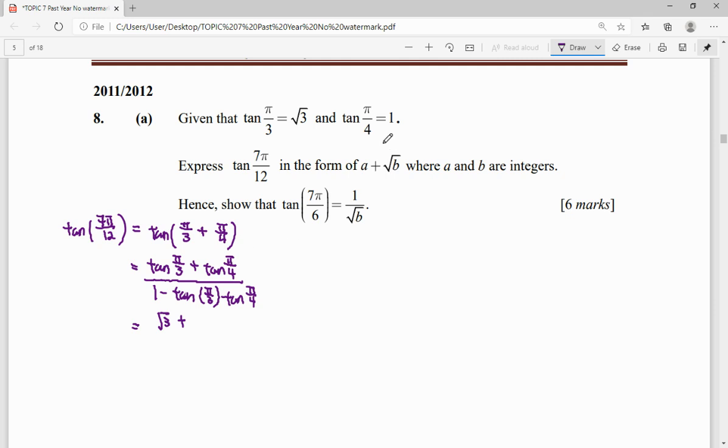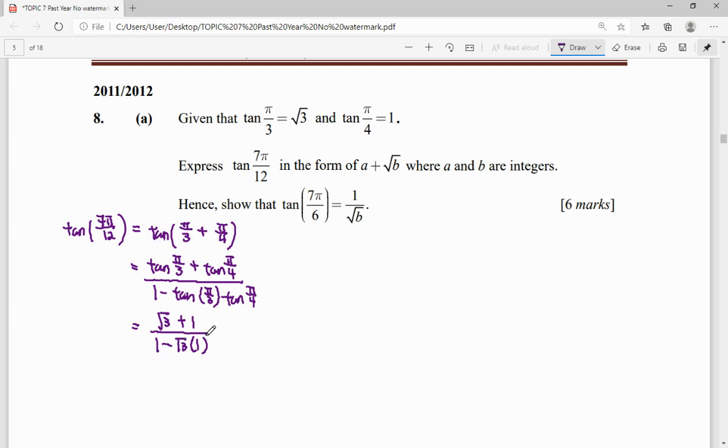Meanwhile, tangent pi over 4 is equal to 1. From this part, we're going to express it in terms of a root number.